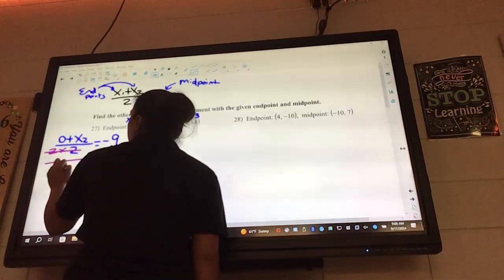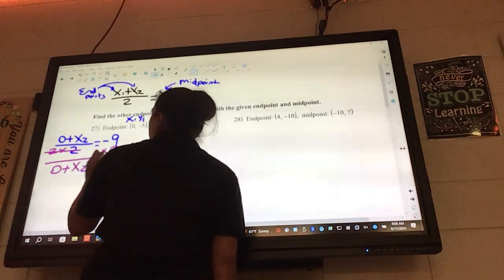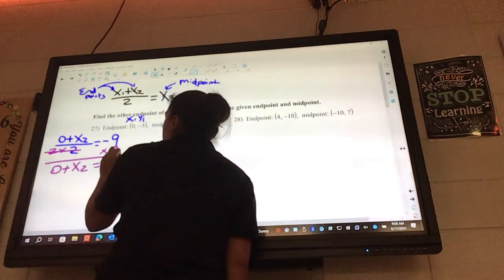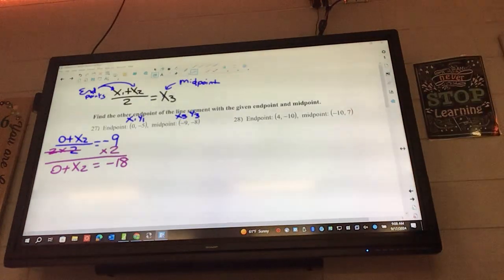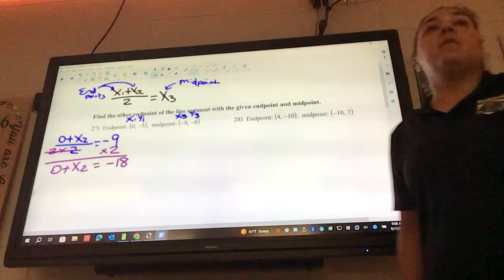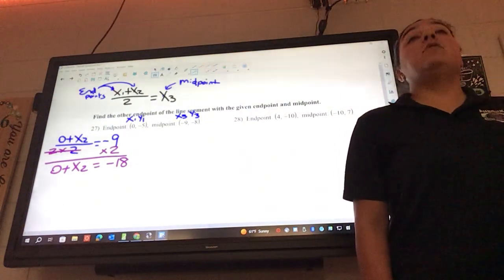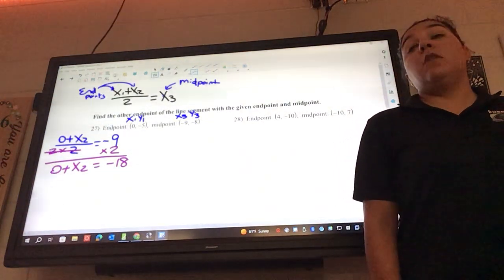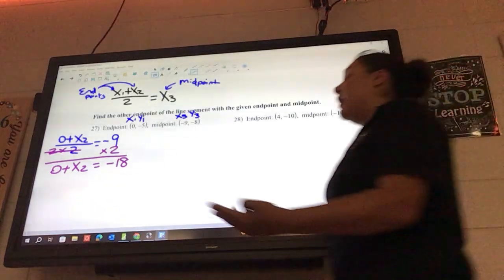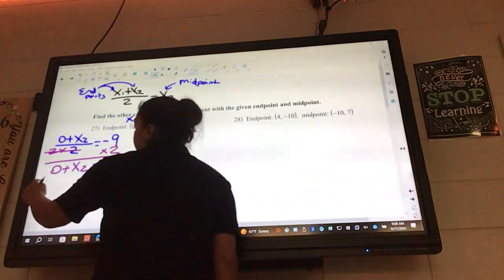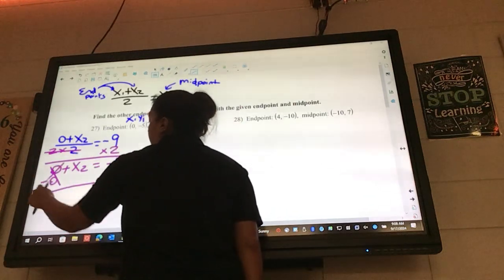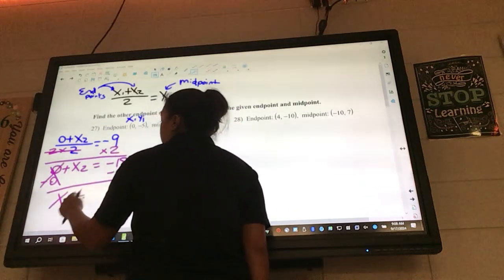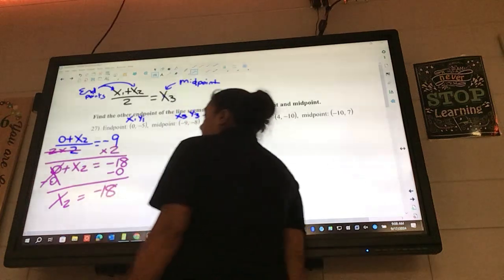So we got 0 plus x2 equals -9 times 2, which is -18. Then are we going to add or subtract 0? 0 doesn't really matter, people ask me that all the time. I'm going to do it so that when you're looking back, you can see the steps. If we say minus 0, I'm going to get x2 equals -18.